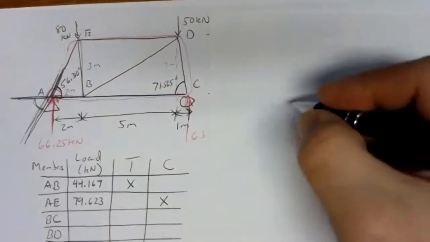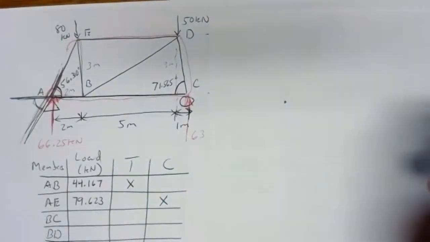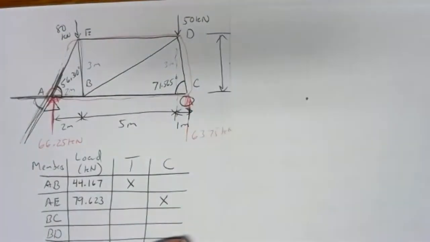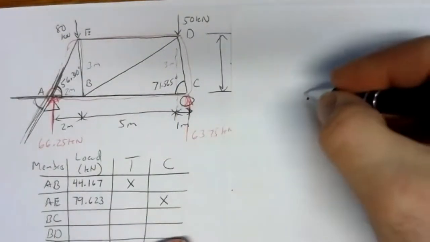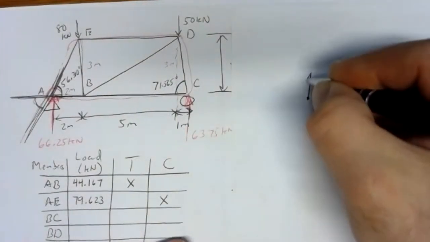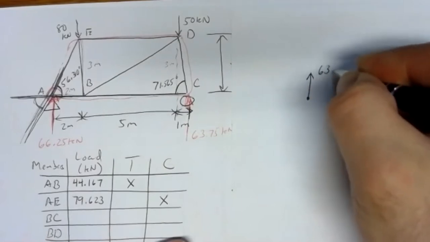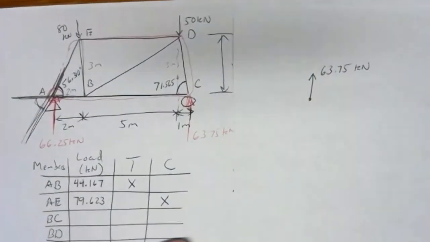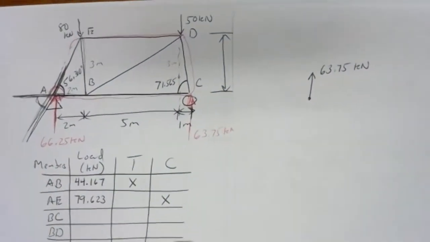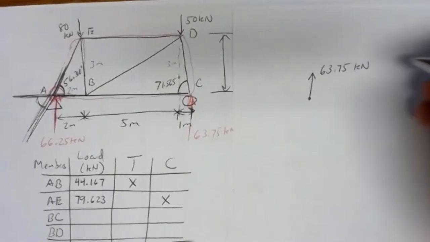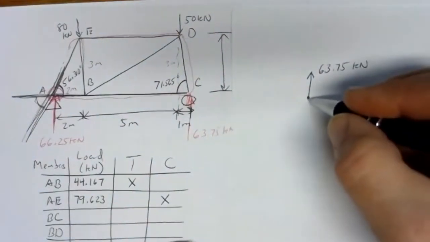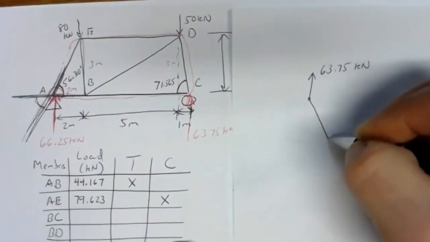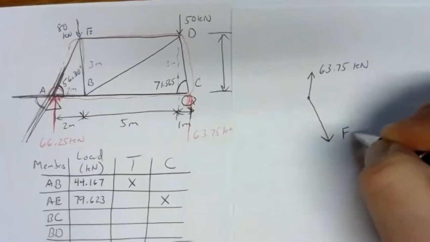So again, start with what you know. Here we've got joint C. We have a 63.75 kilonewton upward force on it. Now again, same argument as A, we need something pushing down to oppose that up if we've got any hope of being in equilibrium. So member DC, a good guess for the direction is down here.